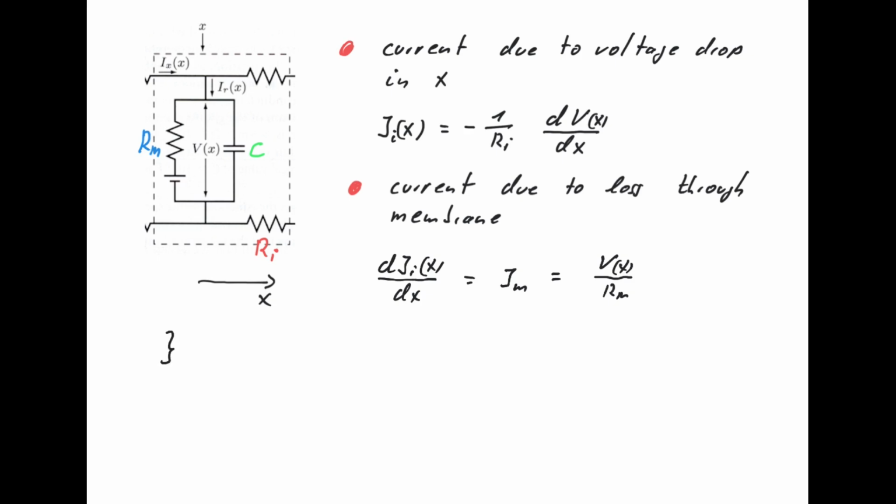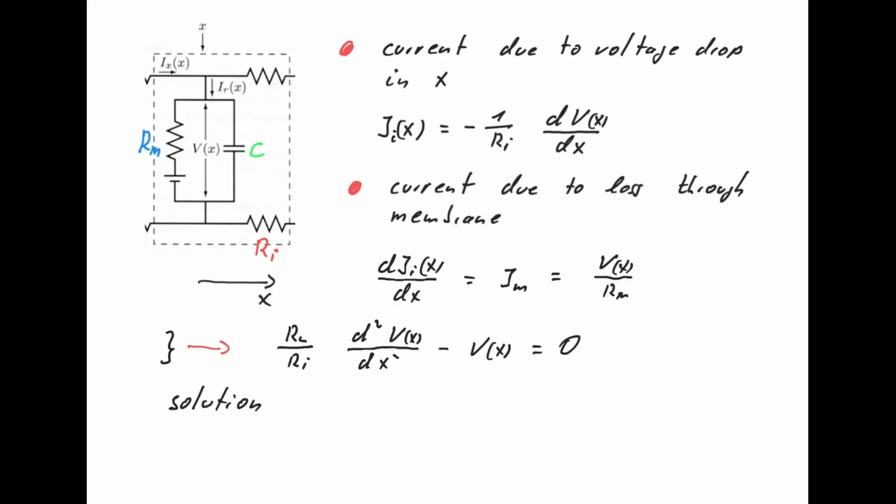Now, combining these two equations, we obtain a second order equation in the voltage, reading that Rm divided by Ri, second derivative of the voltage of x with respect to the position, minus V of x is equal to 0.